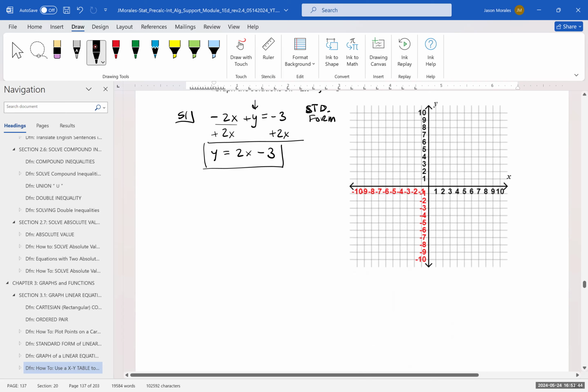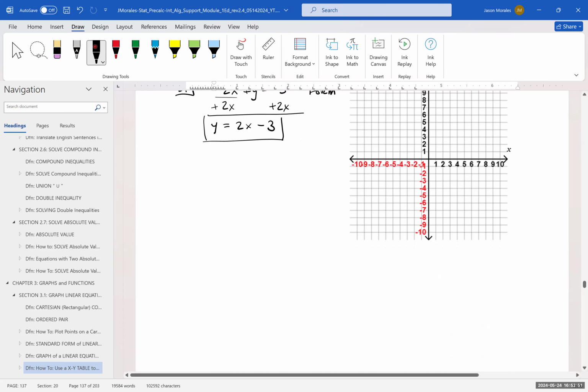Now, I don't want to squeeze my information in, so I'm not going to put anything to the left of this graph. Instead, I'm going to put my XY table down below. So we've got a column for x's, and then we have the expression on the right-hand side, which is 2x minus 3.